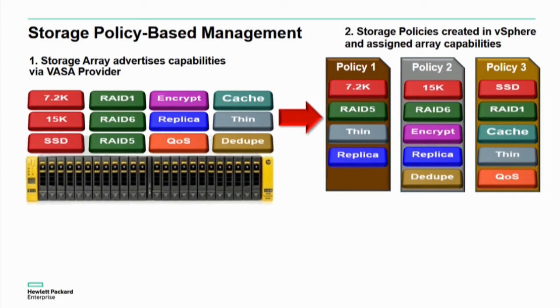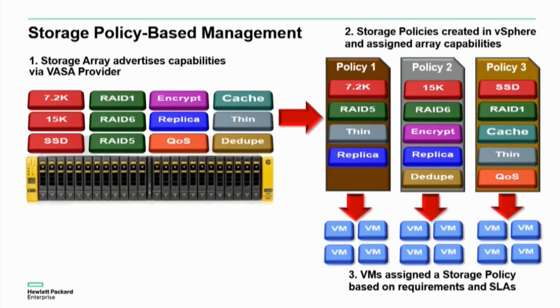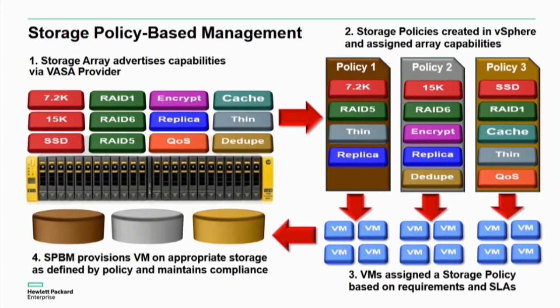If you needed a gold, silver, bronze one that has faster disks, better RAID, and better array capabilities, you build out your policies. Once you have your policies, you assign them to virtual machines, and SPBM keeps them on the appropriate type of storage that satisfies the provisions in that policy.